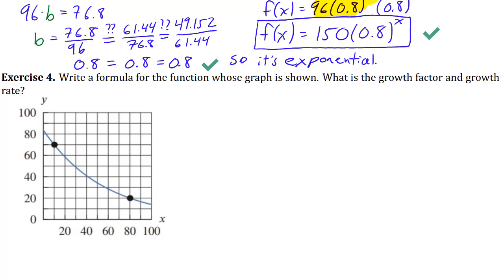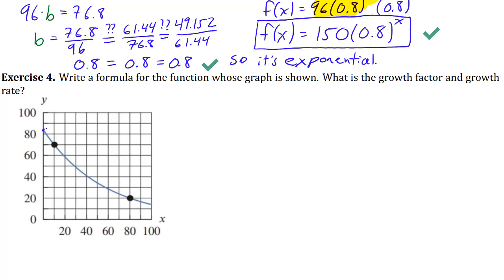So let's write a formula for this function whose graph is shown. What is the growth rate and the growth factor? Okay, so you can see that there's the y-intercept there. It looks something like 82 or 83 or 84 or something.